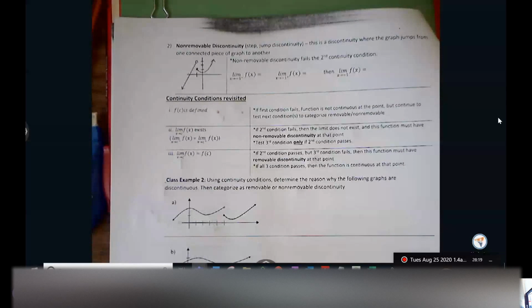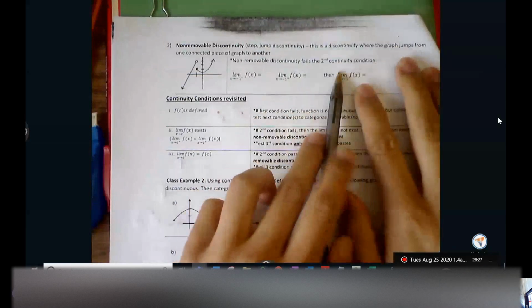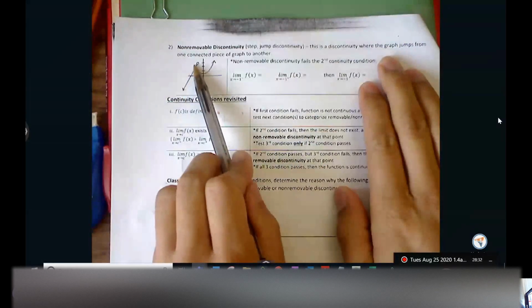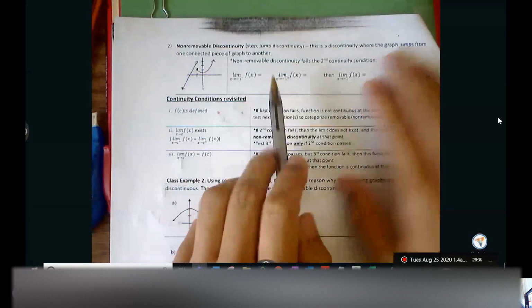Another name for it is step or jump discontinuity. This is a discontinuity where the graph jumps from one connected piece to another. Okay.